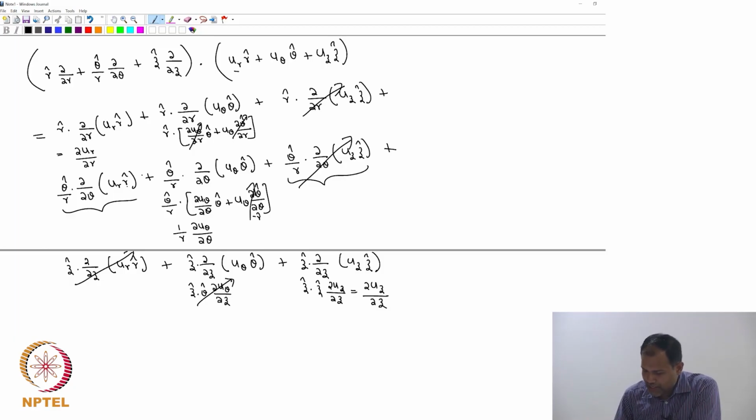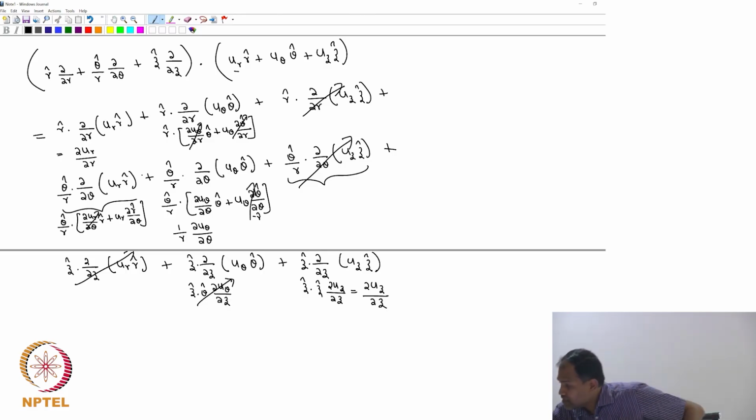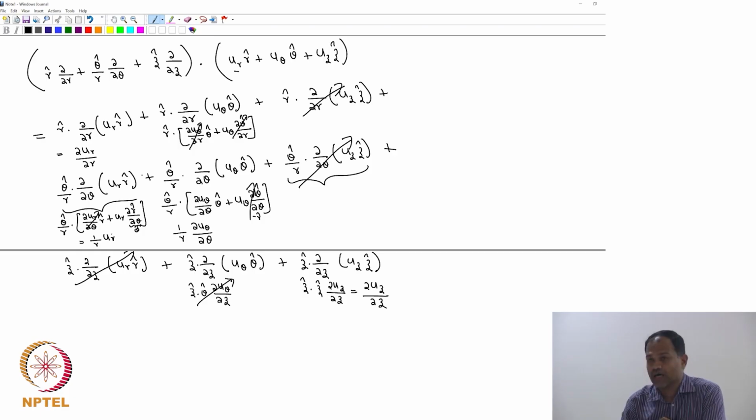Because r cap is dependent on theta, we have theta cap divided by r times del u r by del theta times r cap plus u r del r cap divided by del theta. So this is 0, but del r cap by del theta is theta cap, and therefore theta cap dot theta cap basically gives you 1 by r u r.